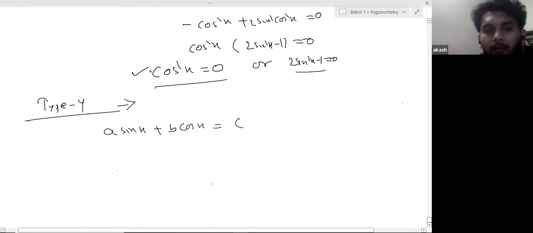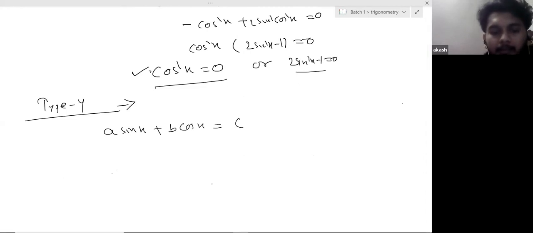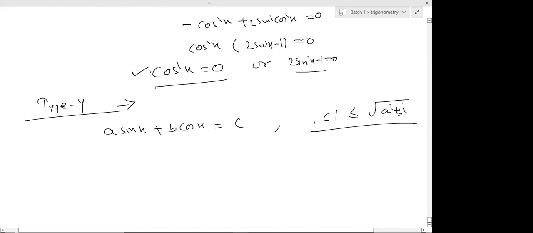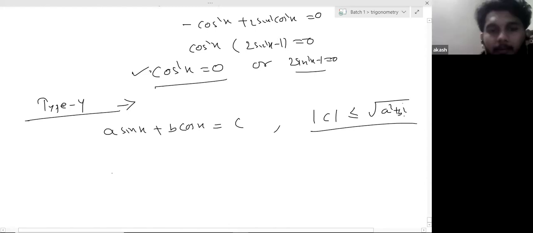Note it down, how to solve this kind of equations. And here mod c should be less than or equal to under root a square plus b square. Always this will be given. Don't worry. So how to solve this type of question? This is very easy and very important also. Many questions use this type of pattern.